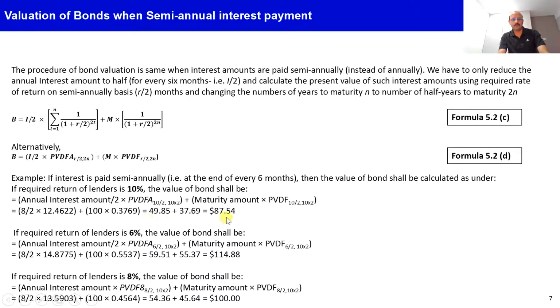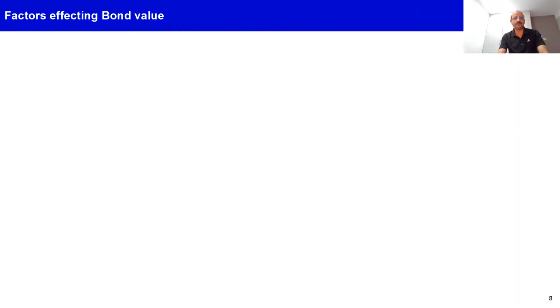So the value of the bond becomes 87.54. In the same way we can calculate for 6% and 8%. At 8%, which exactly matches R equal to the coupon rate, the value of the bond will be exactly the same, because the investor is getting exactly what is there in the coupon rate. So there will be neither discount nor premium to the bond value.